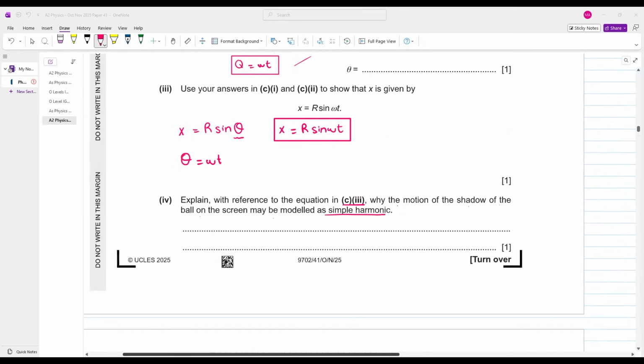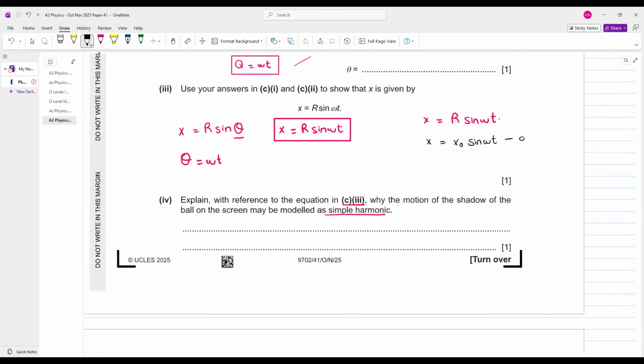If you realize, this equation, x is equal to r sine wt, is identical to the general equation of simple harmonic motion, that is x is equal to x naught sine wt. This is the general equation of simple harmonic motion. This is pretty identical to the equation that we have in part 3.